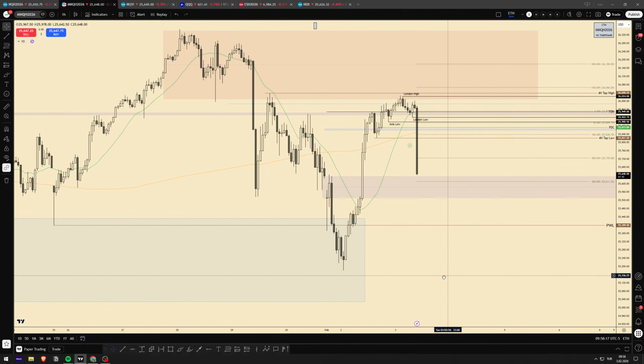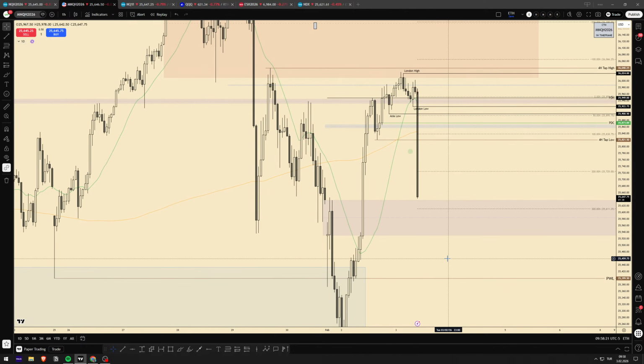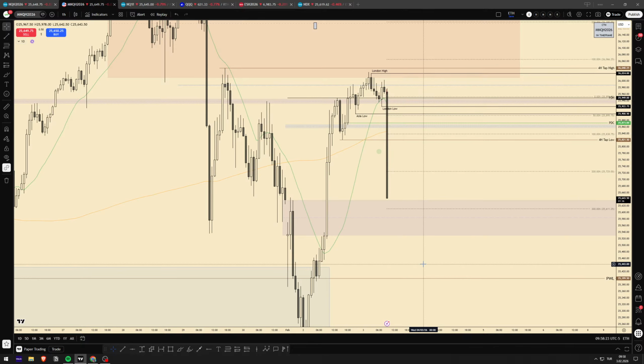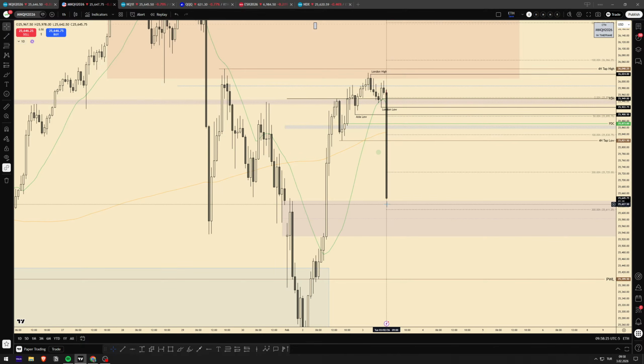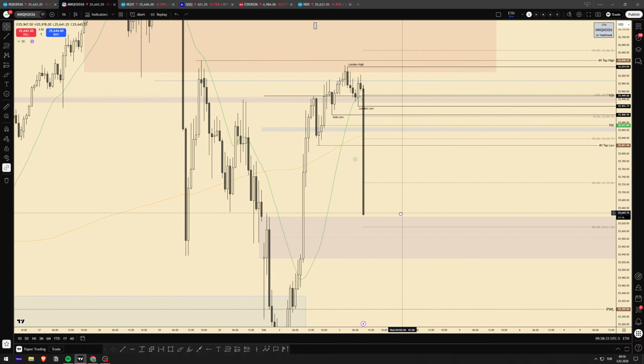Yeah, it seems pretty bearish right now, and I think price might create the wick of the next 1 hour candle after tapping this level.